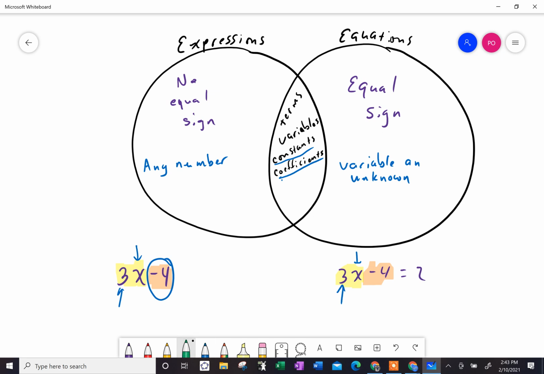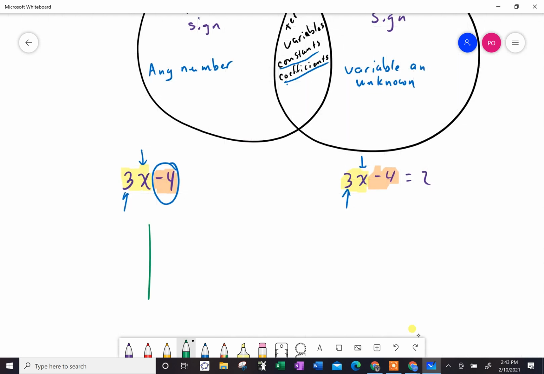So anyway, take a look at this. 3x minus 4. I'm just going to show you. If I have 3x minus 4, I can then evaluate. So what we do with expressions is we evaluate them. If x equals 0, I get 0 minus 4, which is -4.